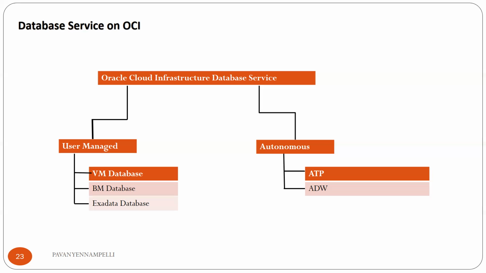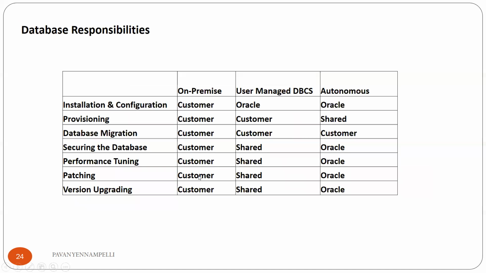Next, coming to the responsibilities between these databases: the on-premise model, user managed database systems, and autonomous. Coming to installation and configuration, in the on-premise model, the customer has to take the responsibility.